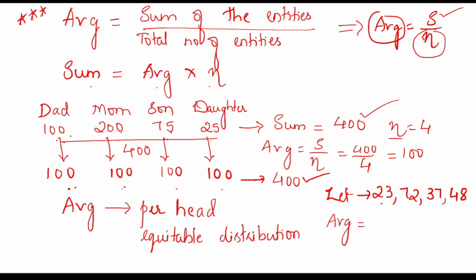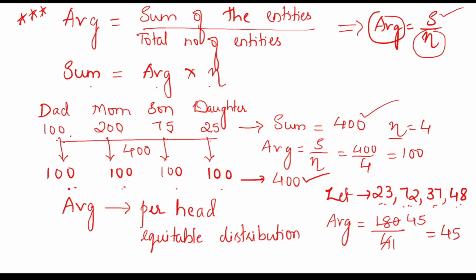Sum of these entities is 23 plus 72 plus 37 plus 48, which is 180, divided by the number of entities. How many numbers are there? 1, 2, 3, 4. 4 numbers are there. So 4 ones are 4, 4 fours are 16, and 4 fives are 20. So the average is 45.